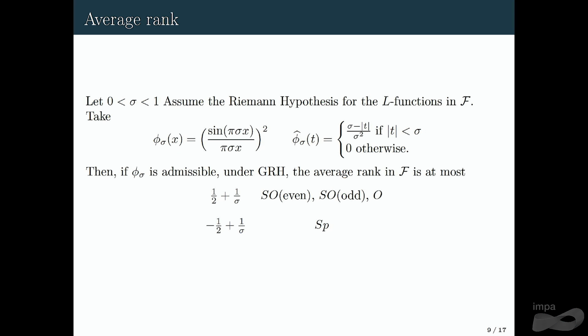Okay, and so to come back to my initial question, which was what I wanted was the average rank of the family.